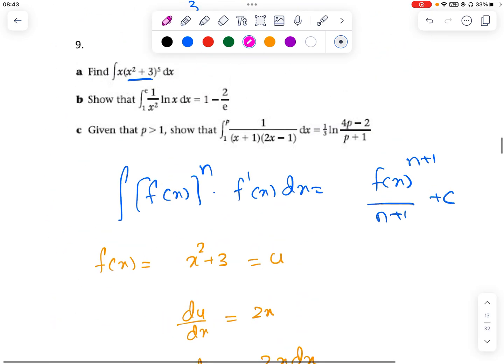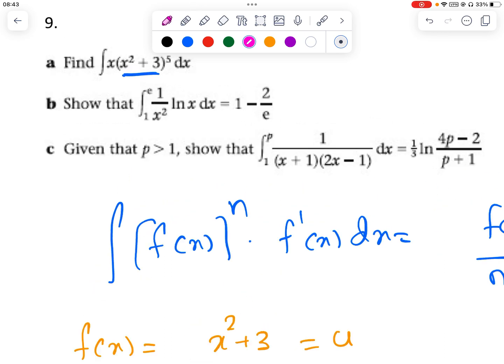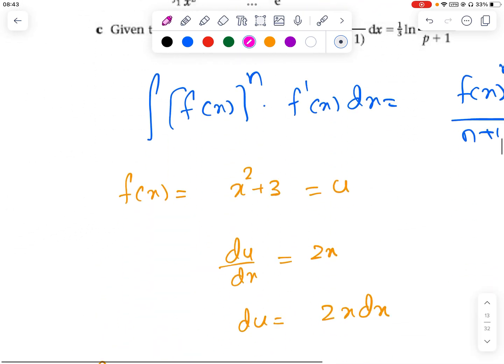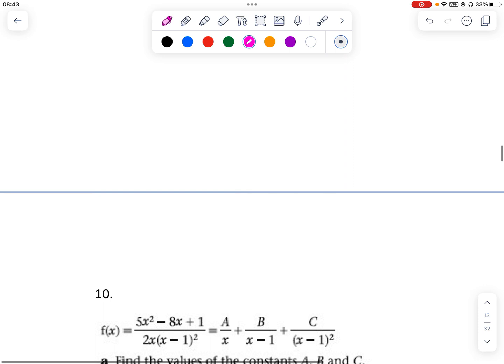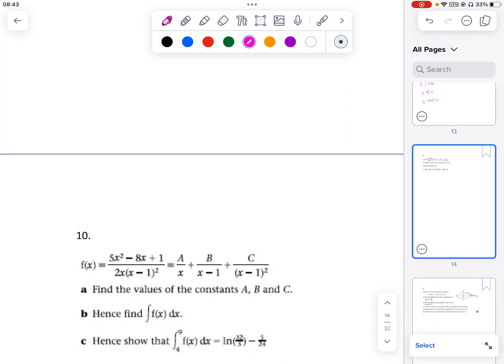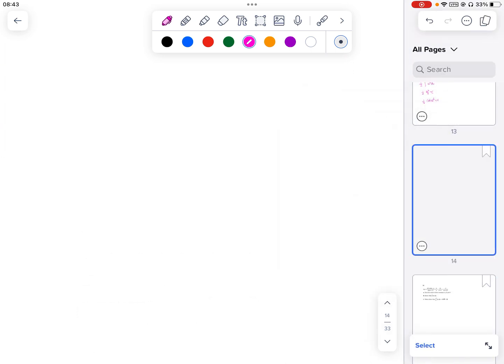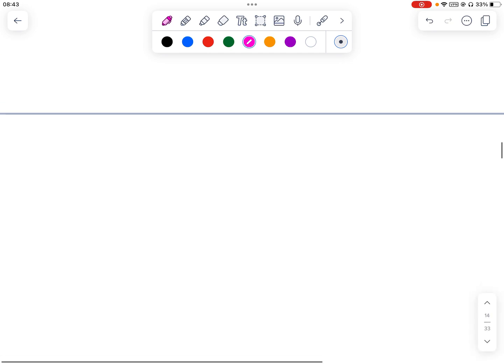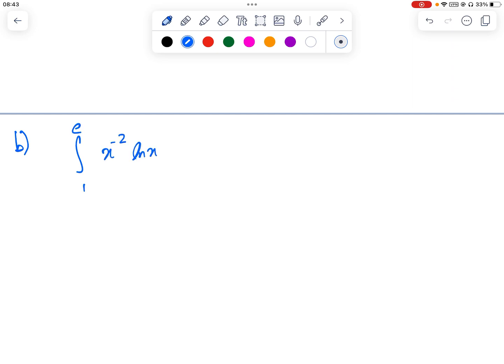Now show that the integral of 1 upon x square ln x from 1 to e equals 1 minus 2 upon e. So let's start a new page there. Part B, integral 1 to e, 1 upon x square, means x power negative 2, ln x dx. So isolate: logarithmic is the first function, algebraic is the second function.